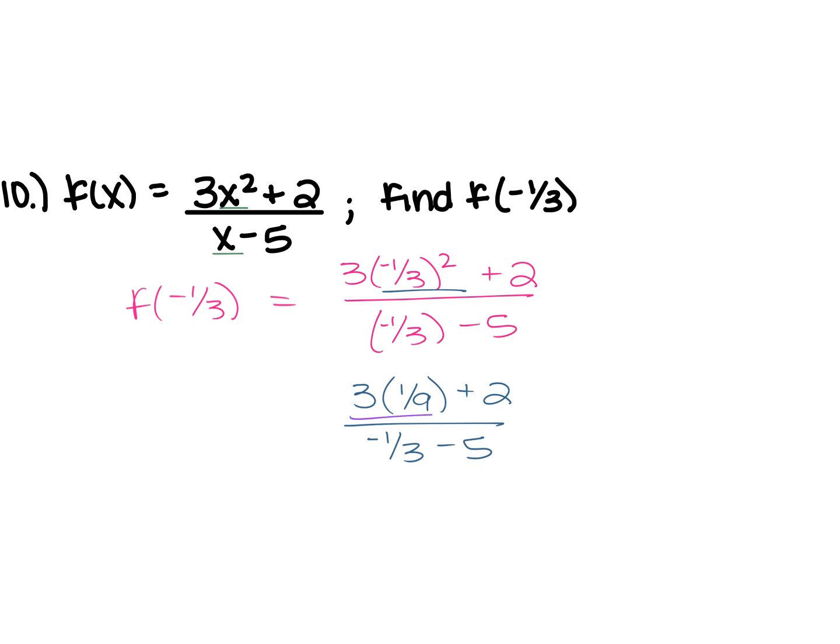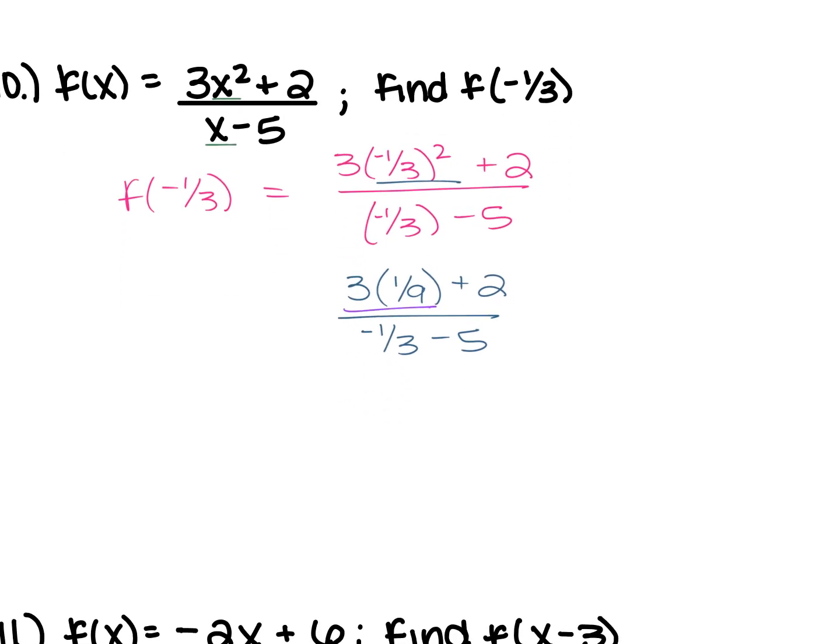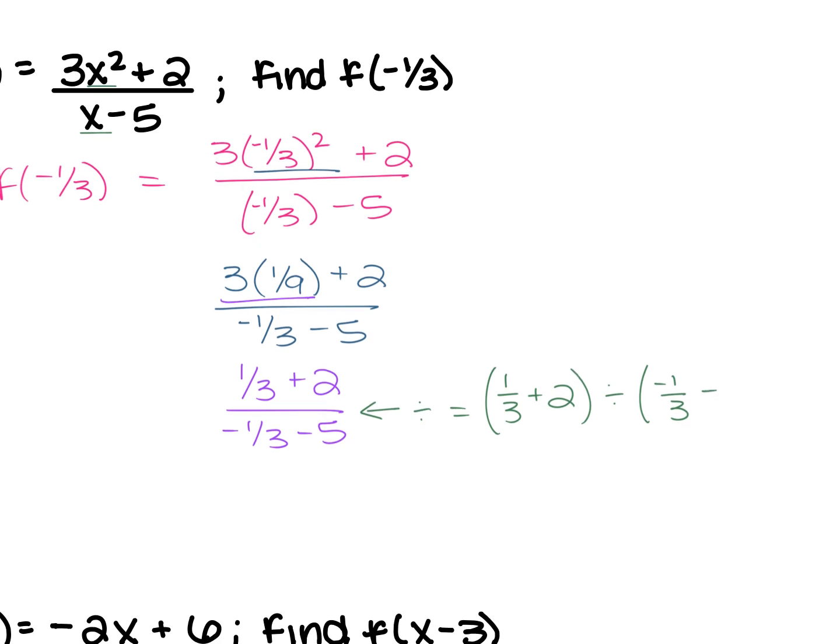Multiply the 3 and the 1/9. 3 times 1/9 is 3 over 9, which simplifies to be 1/3 plus 2 over negative 1/3 minus 5. If you want, separate this using division, because fractions are division. It's going to be equal to the same thing as 1/3 plus 2 divided by negative 1/3 minus 5.